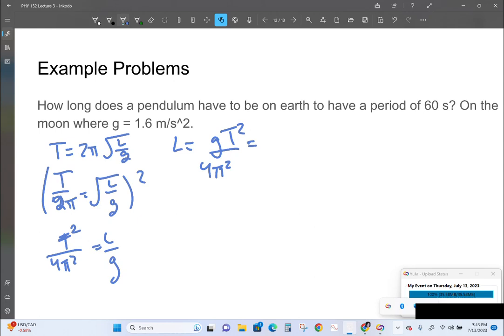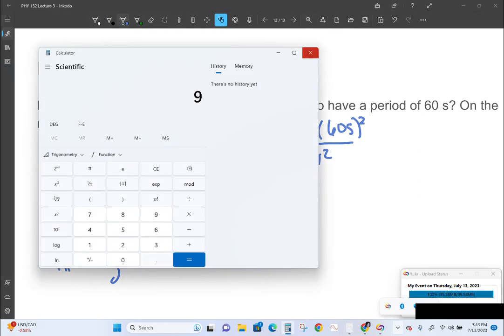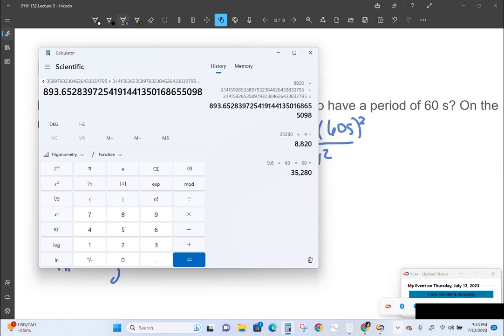And so we want it to have a period of 60 seconds. So 9.8 meters per second squared times 60 seconds squared all over 4 times pi squared. I want to make sure I did that right.